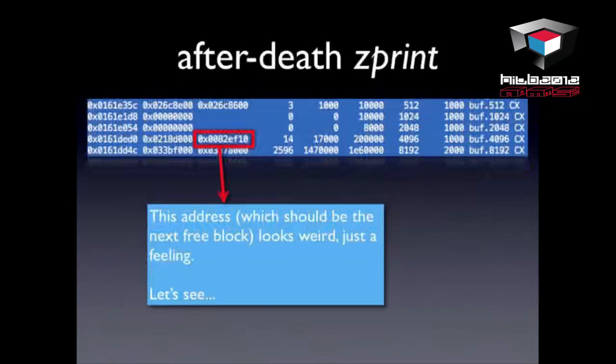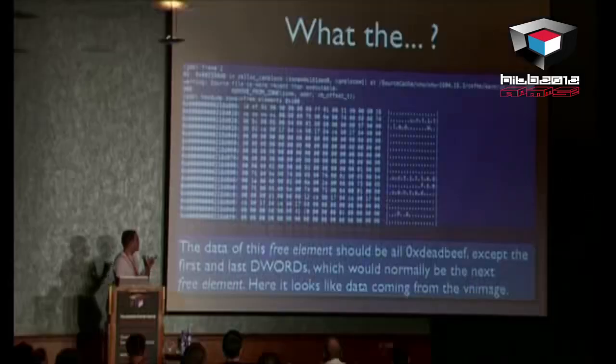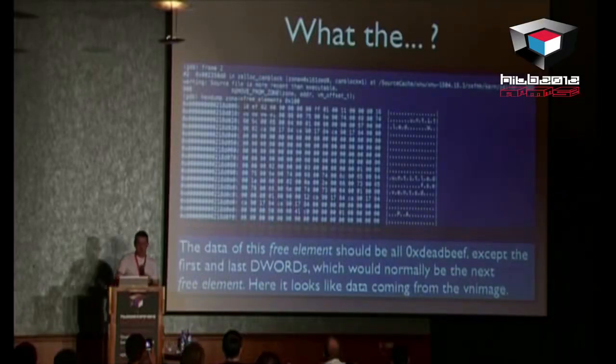So this address seems weird to me. Let's see. Here is the free block. Because we added the zp boot arg, it should be all dead bits here, and this is not the case. We have some parts of the HFS image in the free block. So, yeah, this should be all dead bits, and the first and last DWORDs should be the next free element of this chained list of free elements.